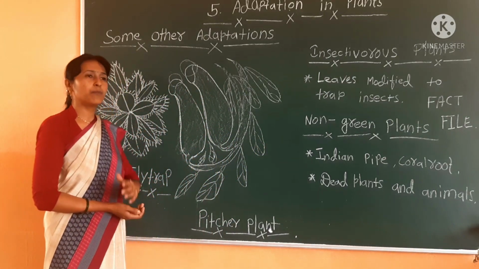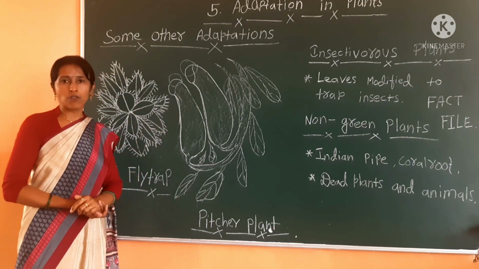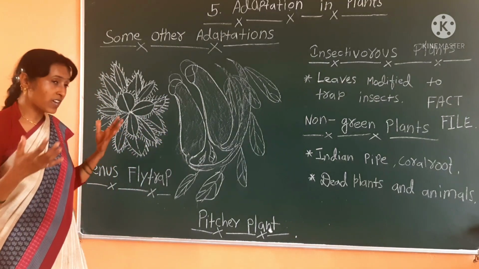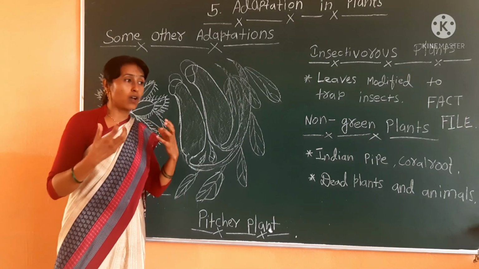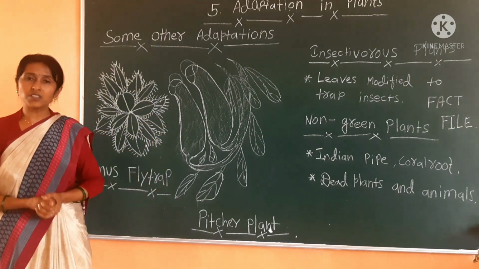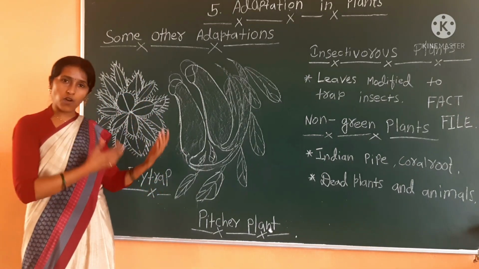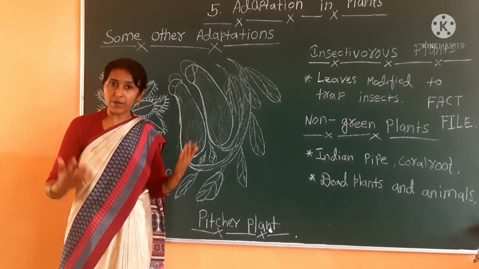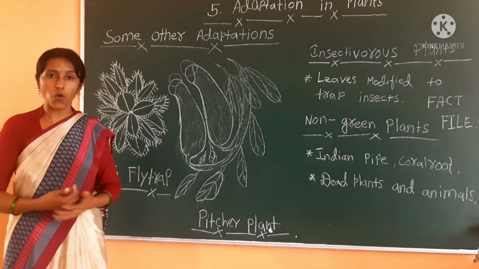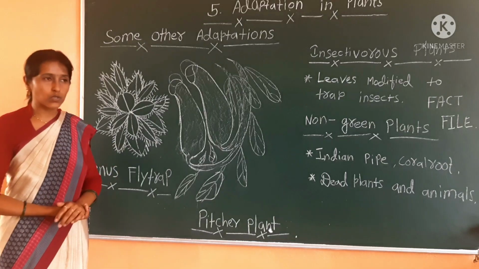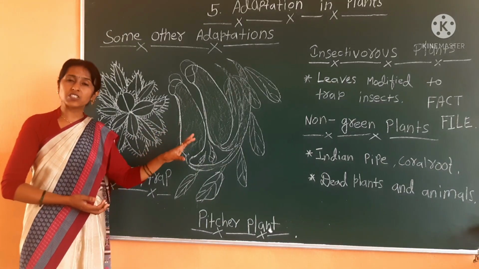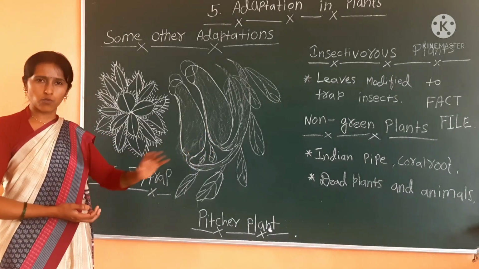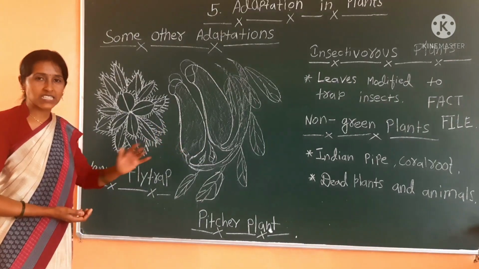Because the soil of all the plants found in our surroundings has nutrients which are useful for them. They find lots of minerals in their soil as well as water, but these plants don't have such nutrients to make their food and survive easily.